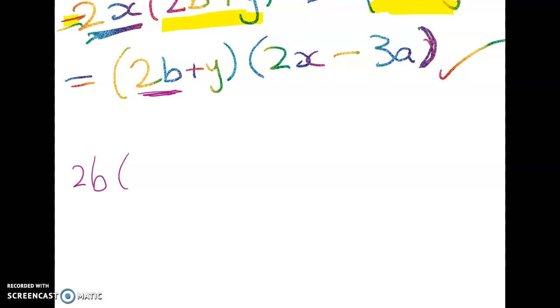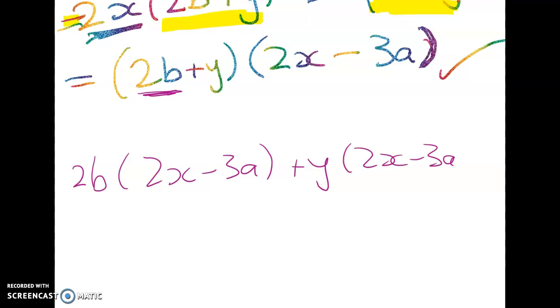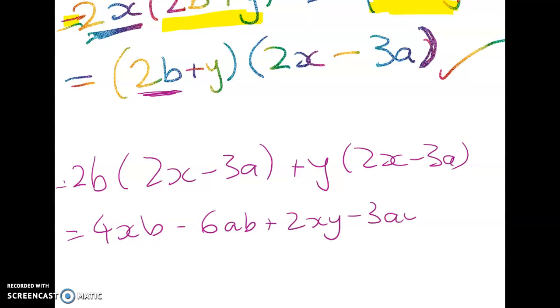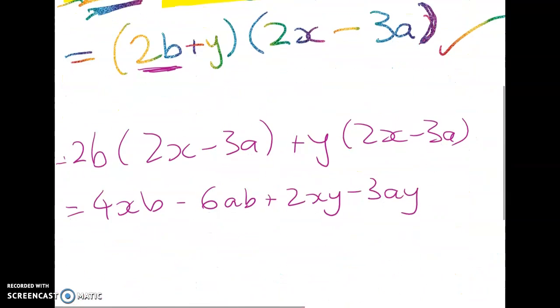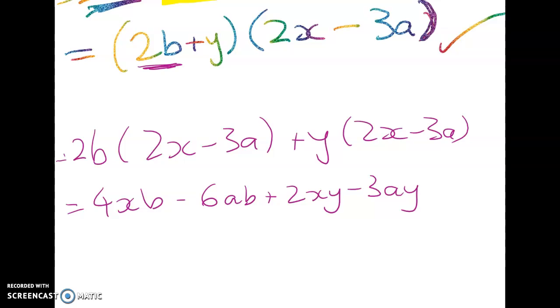So we've got 2b times 2x minus 3a plus y times 2x minus 3a. Expanding that out gives me 4xb minus 6ab plus 2xy minus 3ay. And that's what we started out with, although they may be in a slightly different order, but it doesn't matter.